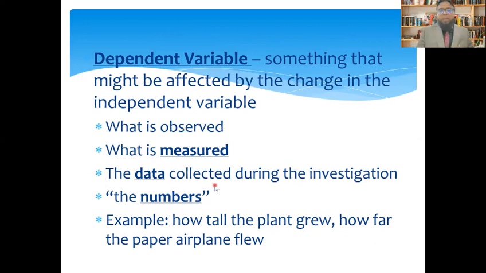It is what is observed and measured, meaning what changes you observe and measure. It is the data collected during the investigation, the numbers, for example how tall the plant grew, or how far the paper airplane flew. These are examples of the dependent variable.